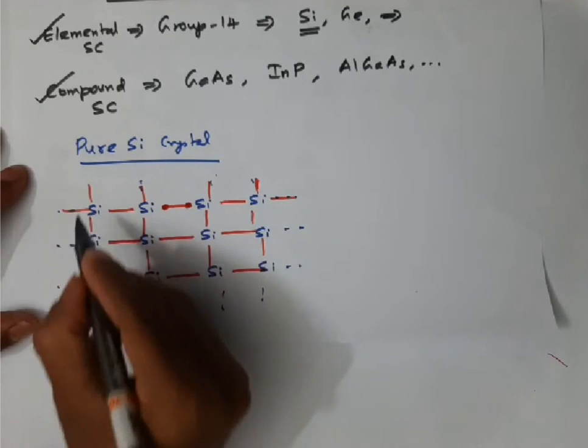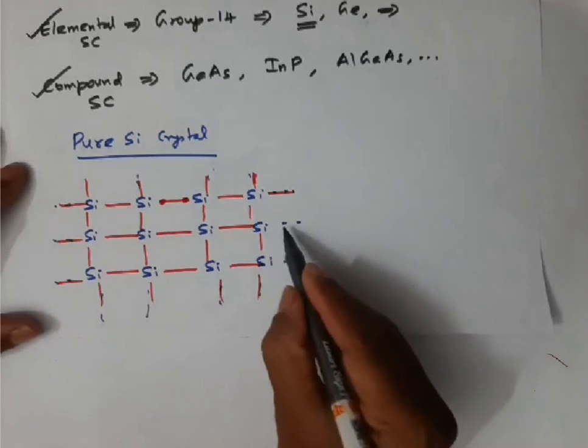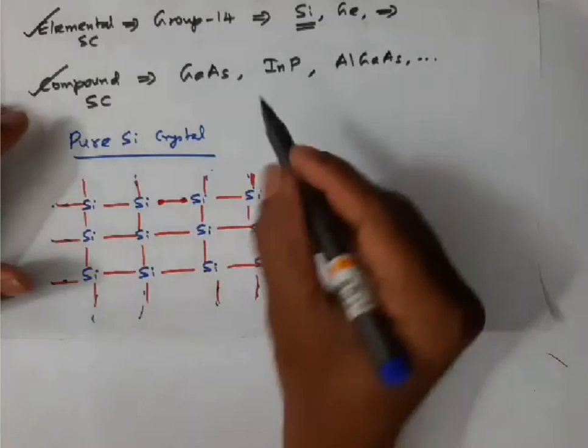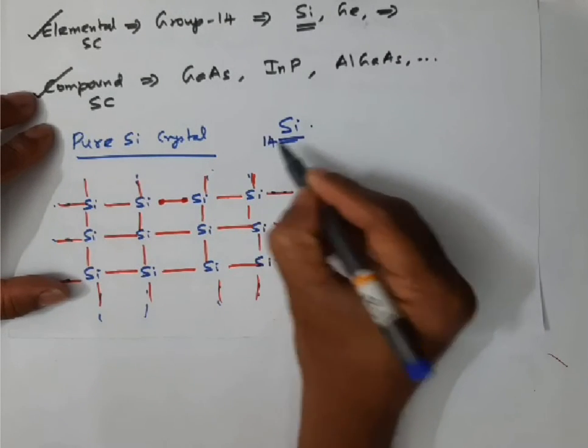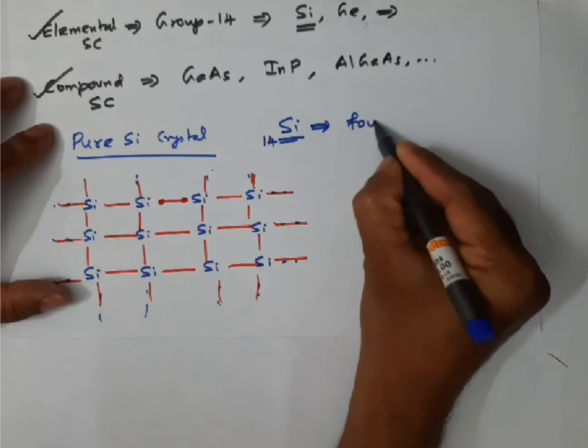This is pure silicon. Students, remember, this is very important. Silicon has atomic number 14, and silicon has only 4 valence electrons.